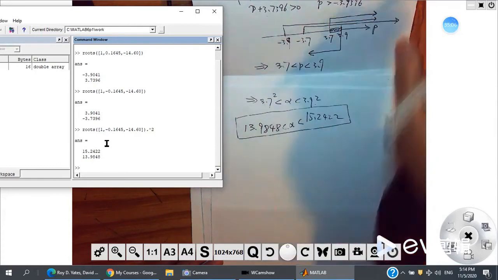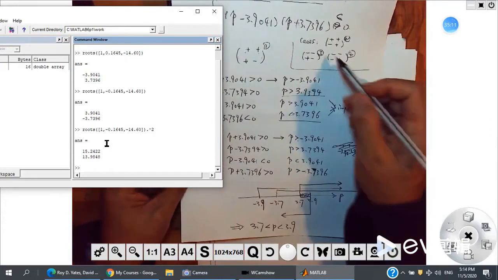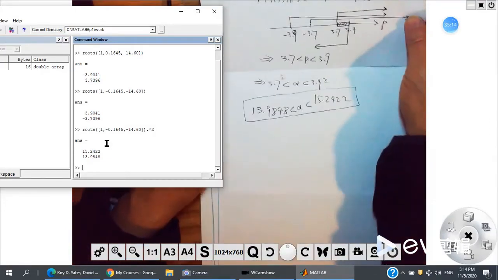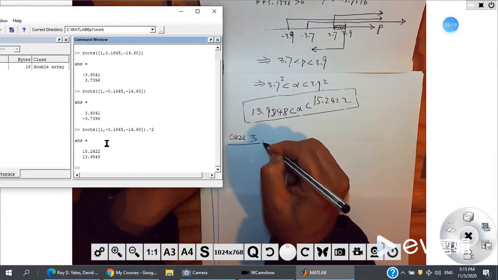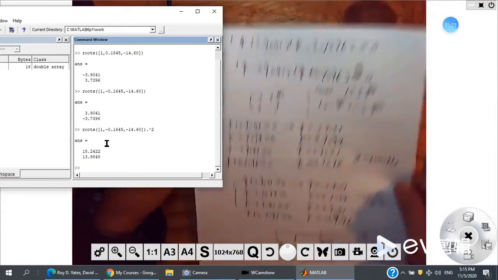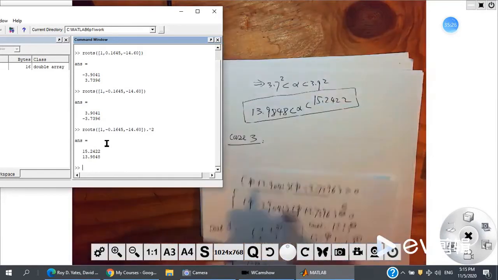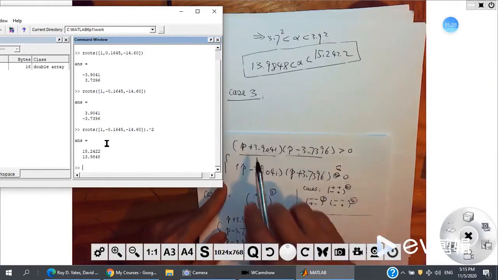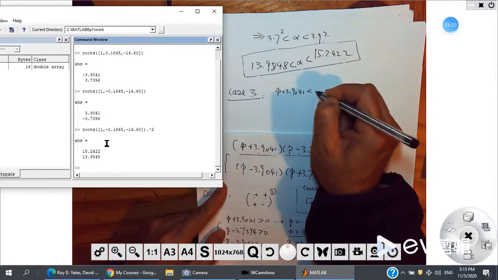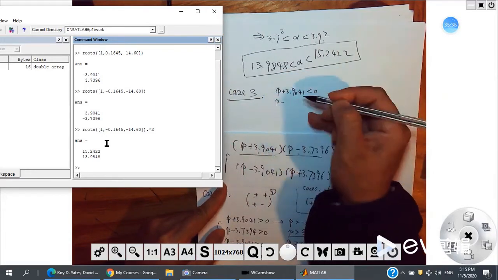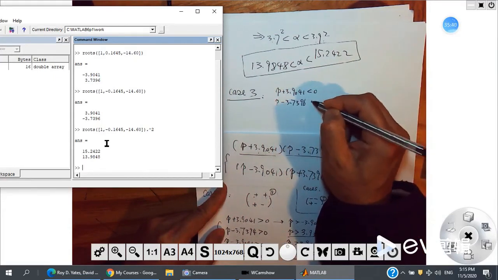But this is just one of it. Maybe we have another, so we also need to check case 3 and 4. Case 3 is negative, negative, and positive, negative. So these two, I need a negative. So P plus 3.9041 should be negative, and P minus 3.7396 also negative.